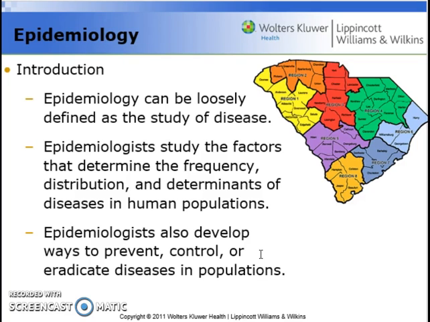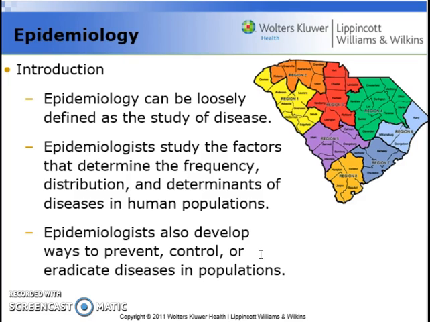So epidemiologists study a variety of factors that are used to evaluate and assess how frequent an outbreak might be, or a particular pathogen in a population, or a particular infection, or a particular type of symptom that's being observed. Epidemiologists also look for distribution of disease throughout the population, as well as any possible signs that a certain disease might lead to an outbreak.